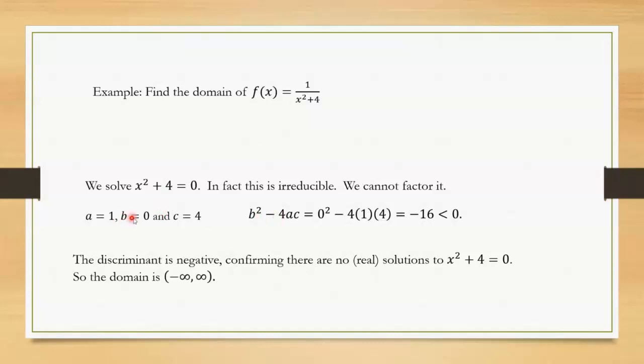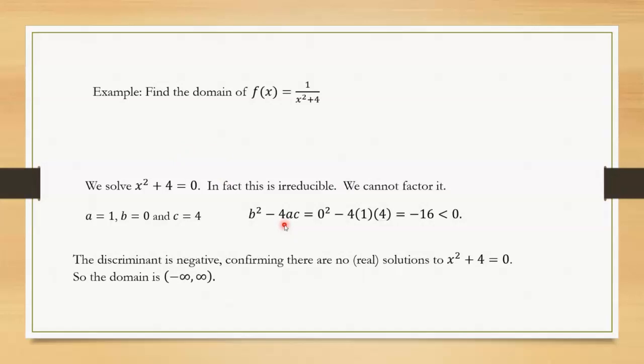remember, a is 1 in this case. There's no x term, so b is 0, c is 4. From here, we get this. It follows that we get negative 16, which is negative. In other words, if you tried to solve this using the quadratic formula, this is what's under the square root sign.